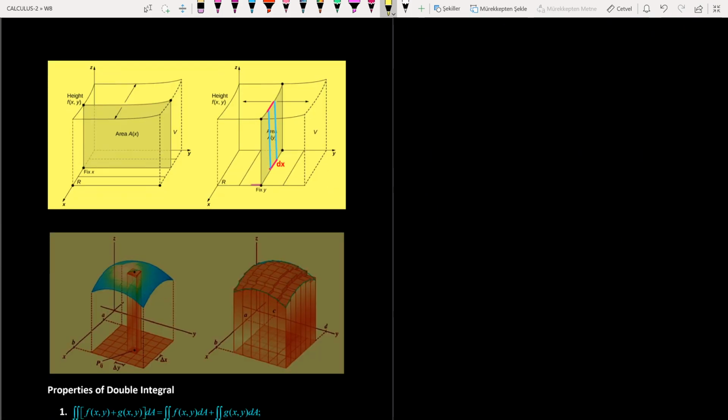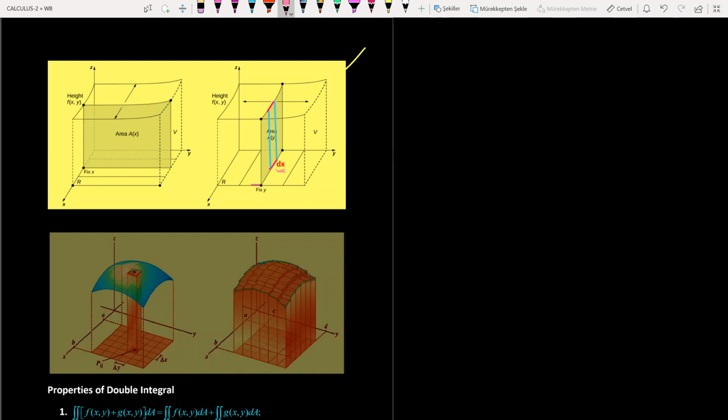Now let's look at this figure. I draw a length dx here, and as you see, this is the xyz plane. Of course, since you have the function of two variables f of x, y, for each x and y you will have a height.